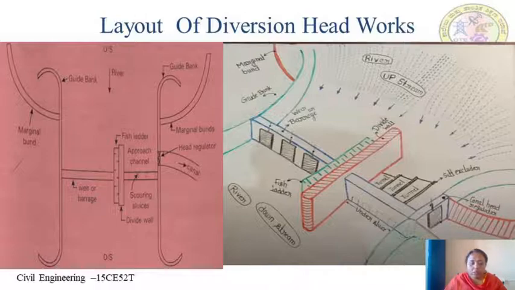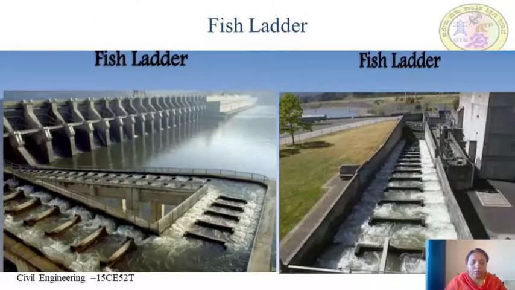You can see here. Especially this fish ladder, you can see in the figure, there are a number of ladders or steps which are provided for the easy movement of the fishes here.